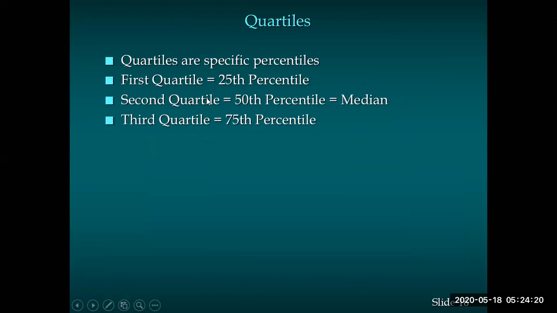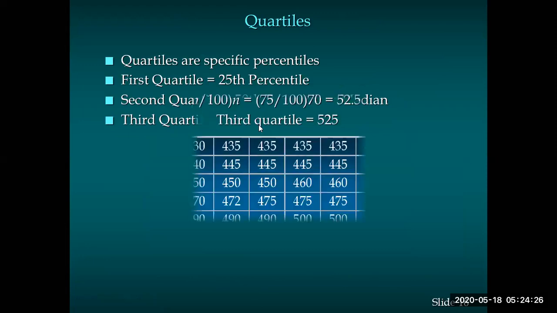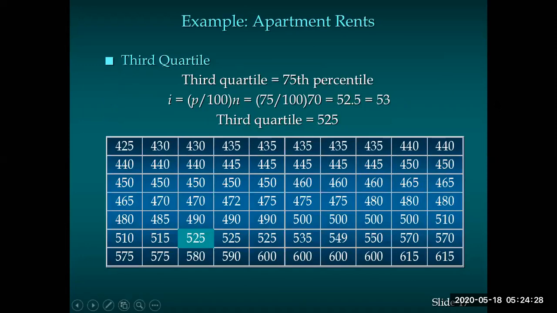Quartiles, I just told you, are the 25th percentile, 50th percentile, and 75th percentile values. We can do that very easily now. Let's do the third quartile first. So in the rule, you have to put 75 by 100 multiplied by 70. This is a decimal number, meaning this is not an integer.